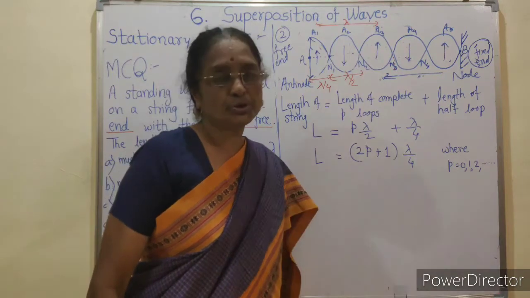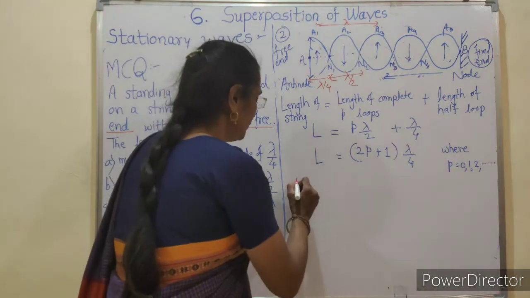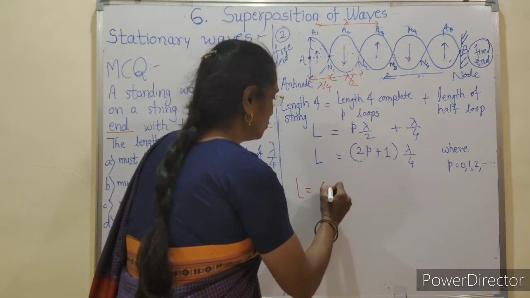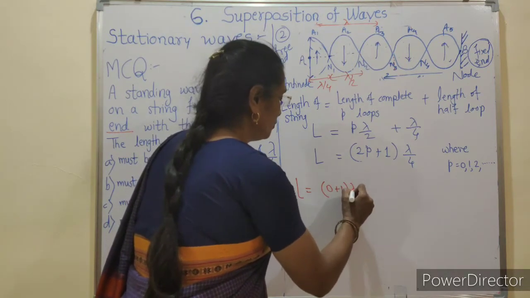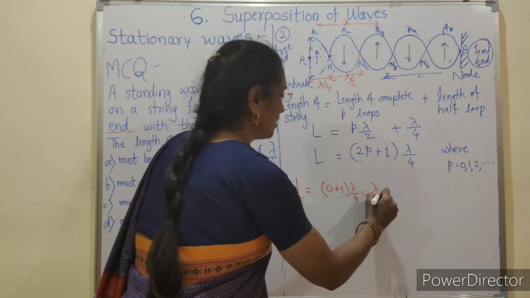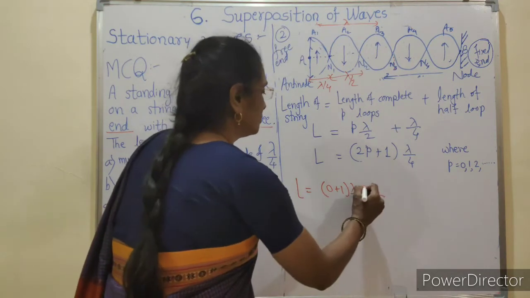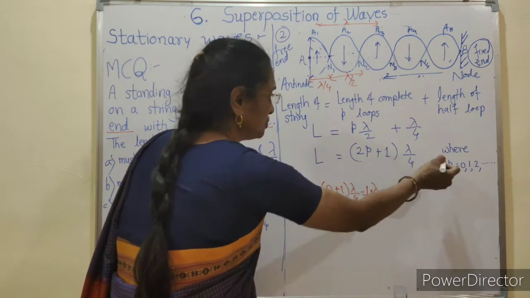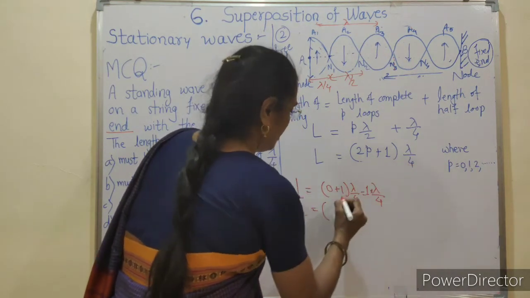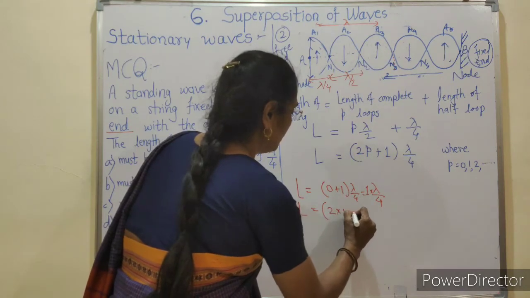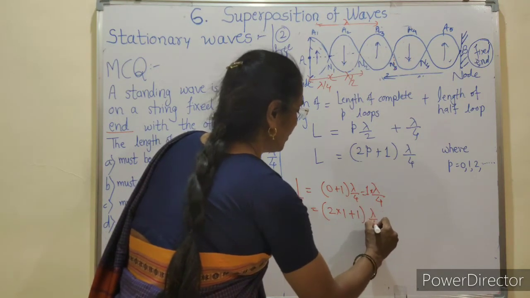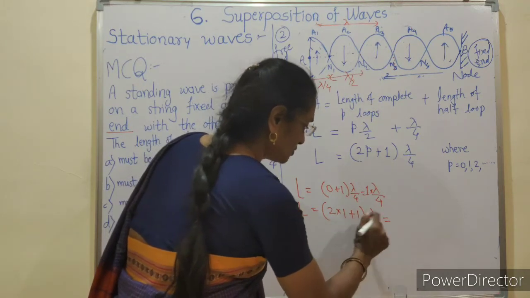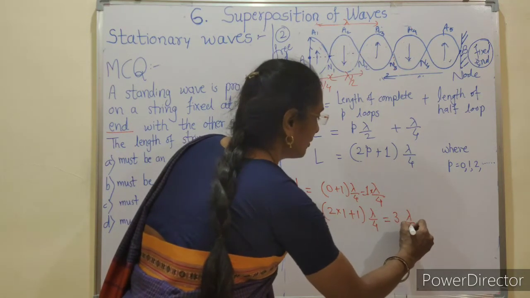We can substitute P equal to 0, then we get L equal to 0 plus 1 into lambda by 4. If we substitute P equal to 1, 2 into 1 plus 1 into lambda by 4, we get 3 into lambda by 4.